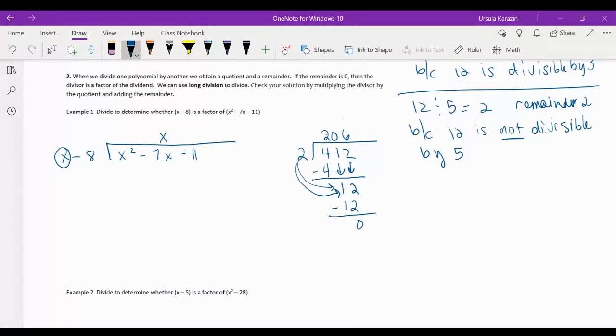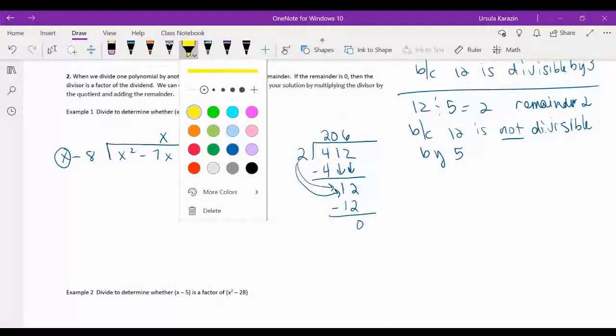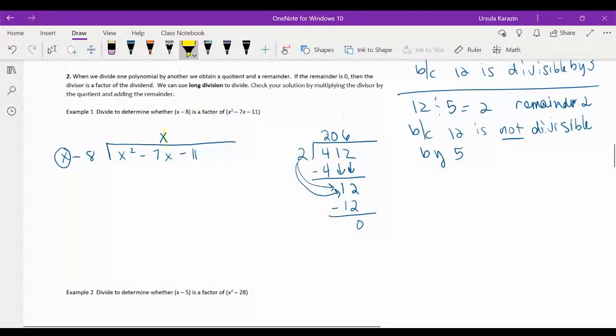But you're going to want to put this over the middle term, not the first term. You're never going to put it over the first term. That's because we want to line up the x's with the same exponent. So we want to put it there so those line up.